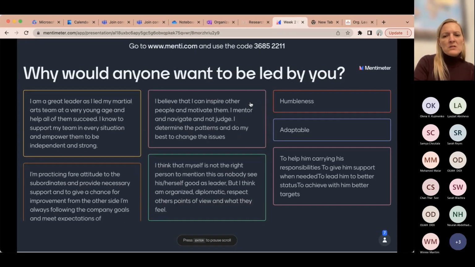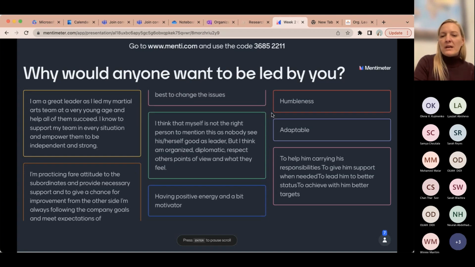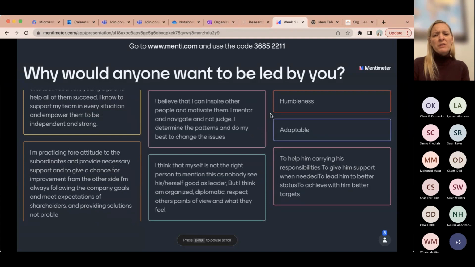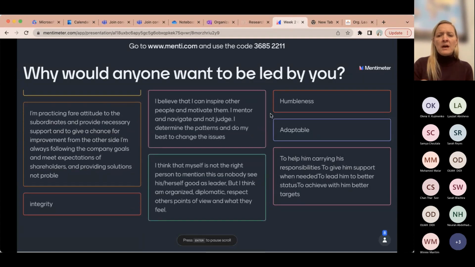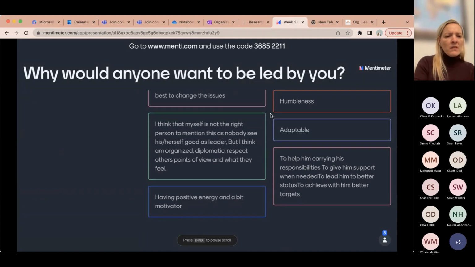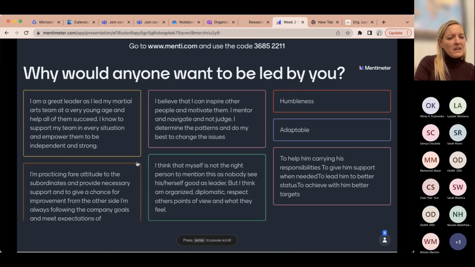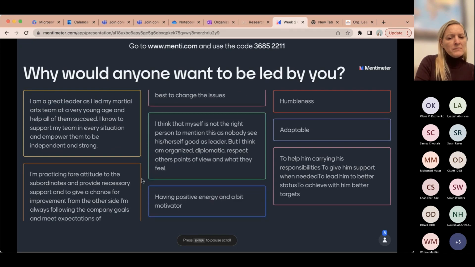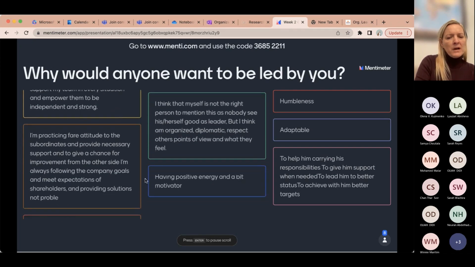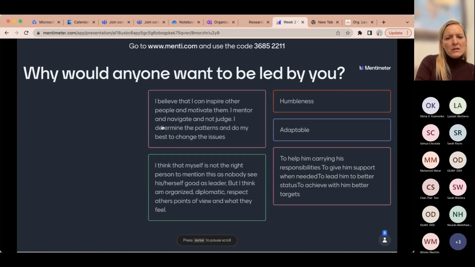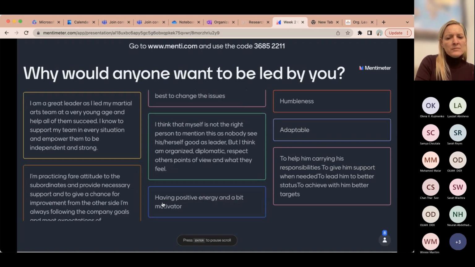But just to wrap up this section, we had some one-worders. I saw visionary earlier, humbleness, being adaptable, fair attitude, practicing fair attitude, having positive energy, integrity, inspiring.